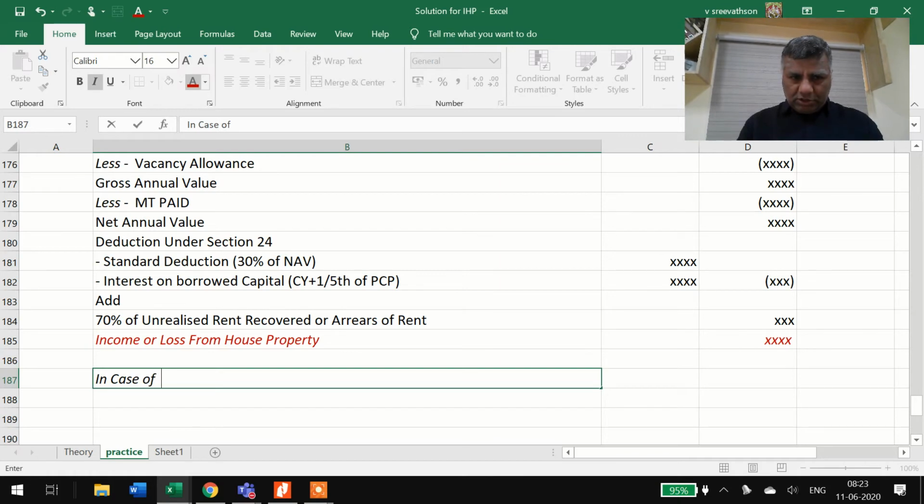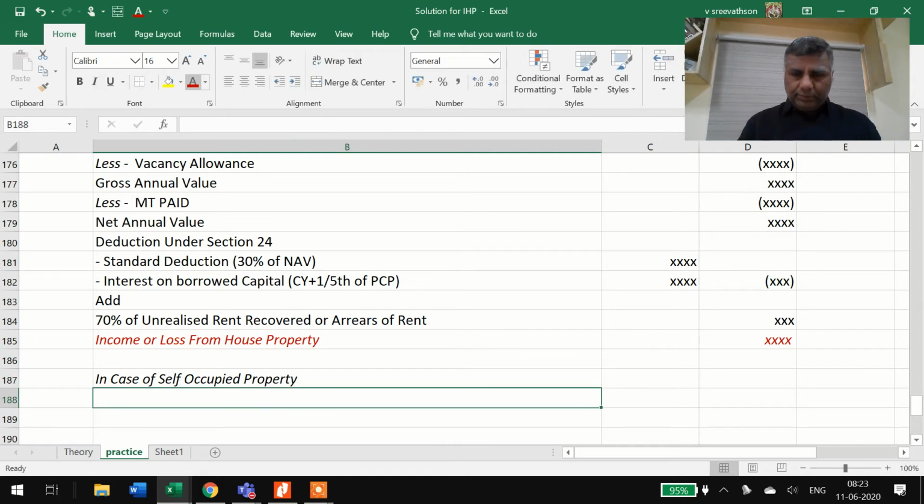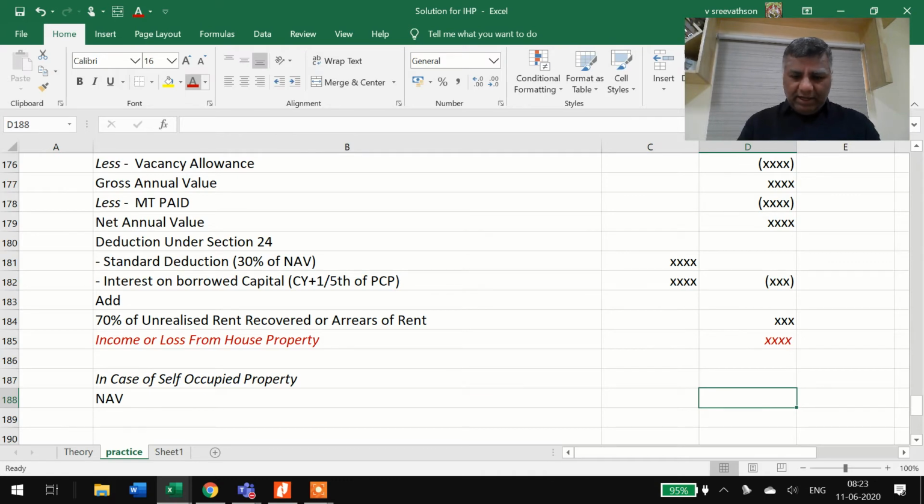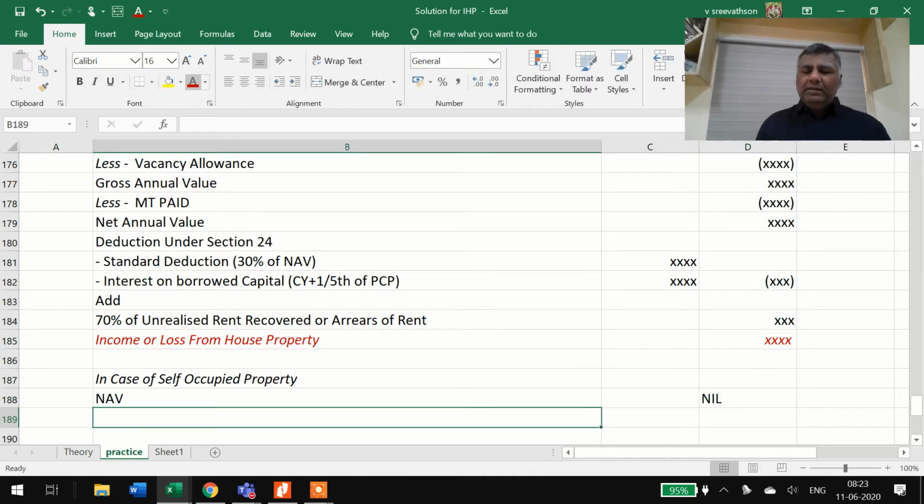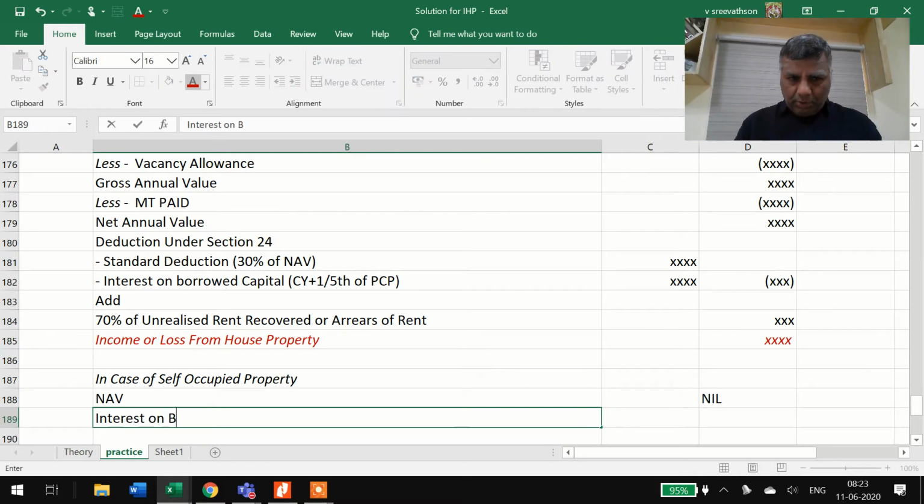In case of self-occupied property, directly start the answer NAV nil. Interest on borrowed capital, which is nothing but current year plus 1/5 of PCP.